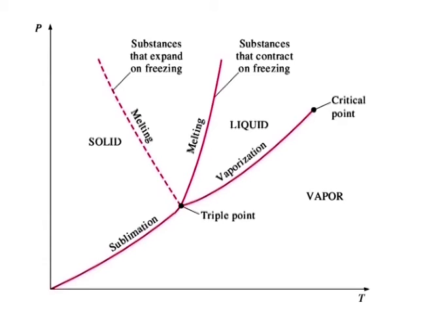Substances that expand and contract on freezing differ only in the melting line on the PT diagram. The PVT surface. The state of a simple compressible substance is fixed by any two independent intensive properties.